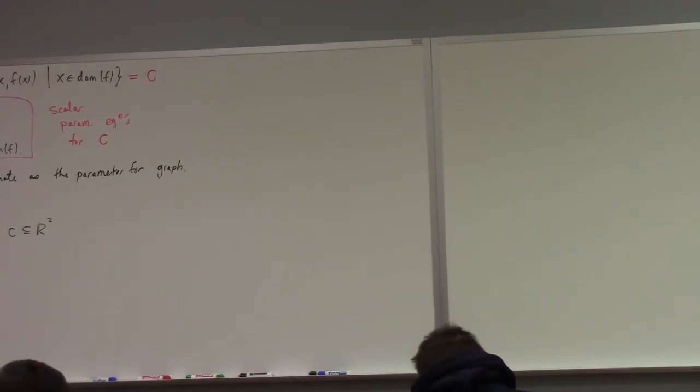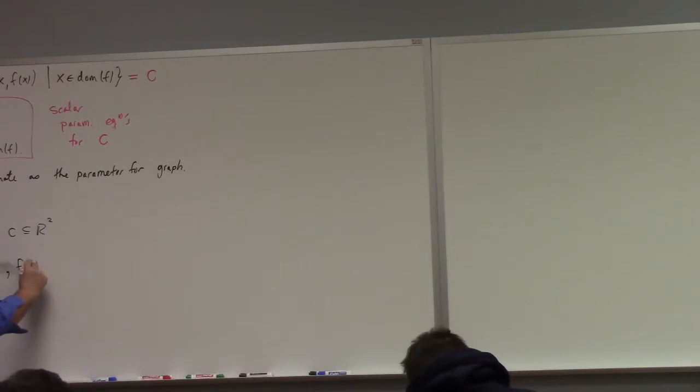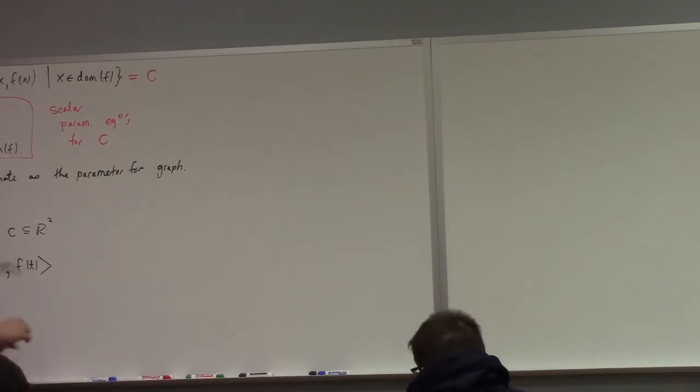And the definition for this R vector of t is equal to t, comma f of t. I'll box that in green in just a second here. This is the vector parameterization of a graph.